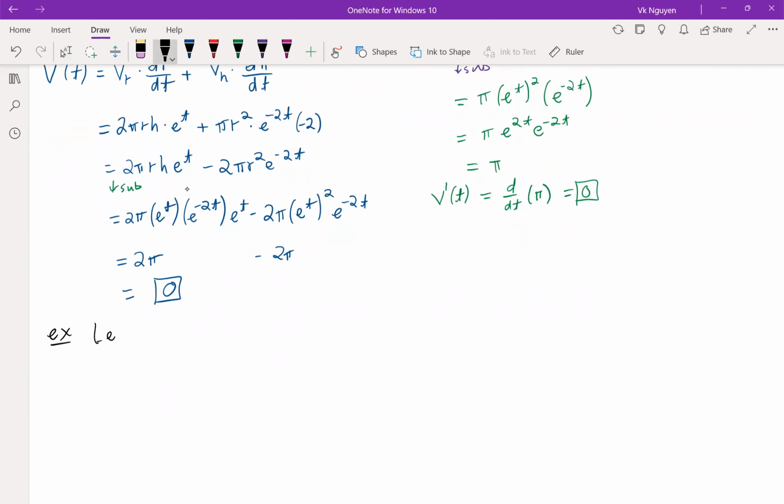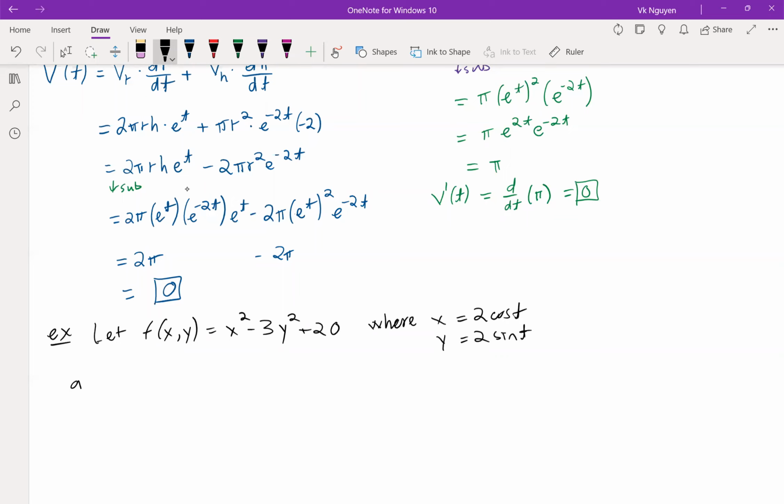Let f(x,y) equal x squared minus 3y squared plus 20, where x equals 2 cosine t and y equals 2 sine t.